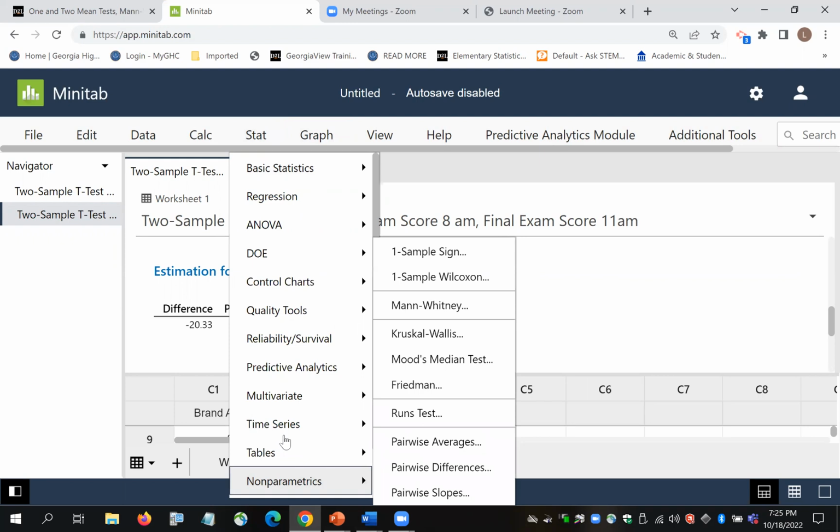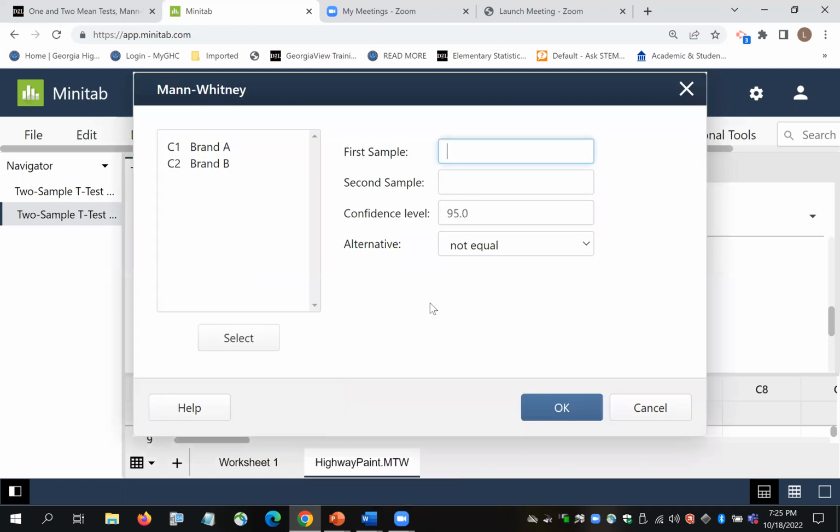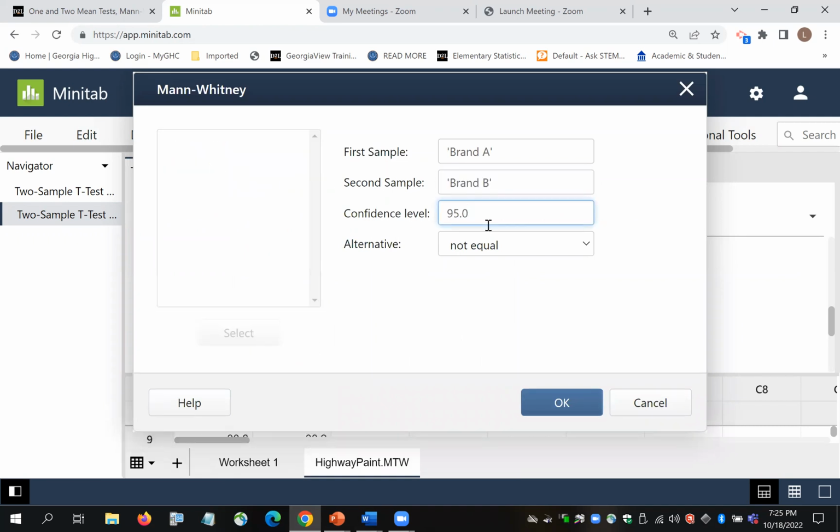So I'm going to choose non-parametrics and then Mann-Whitney. My first sample is brand A. My second sample is brand B. We're using a 95% confidence level, and we're saying that there is a difference or they are not equal. Now, if I needed to, I could choose one of the others, but I'm doing not equal. I click OK.